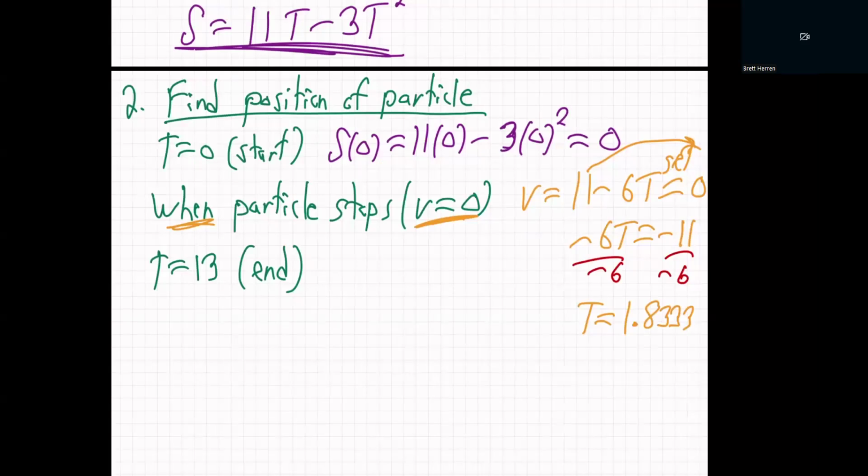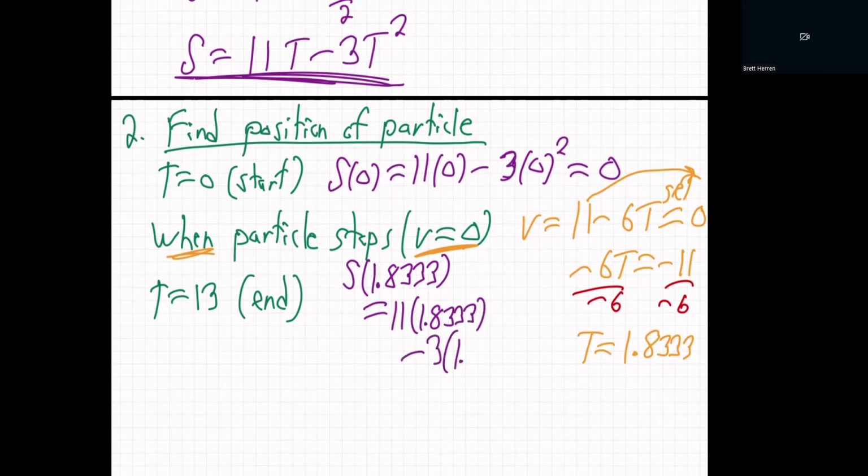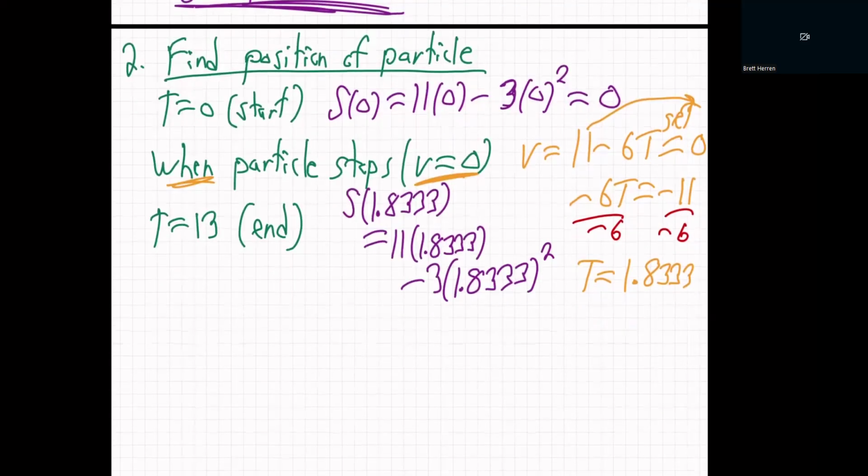So we need to find the position of the particle when it stops. S of 1.8333 equals, plug into the S equation, 11 times 1.8333 minus 3 times 1.8333 squared. Let's go to Desmos: 11 times that minus 3 times that squared.